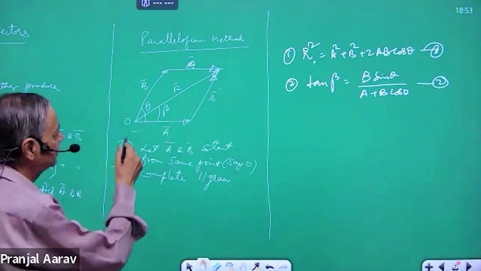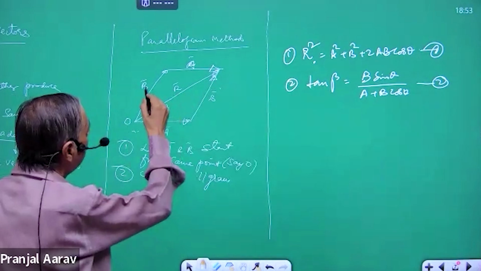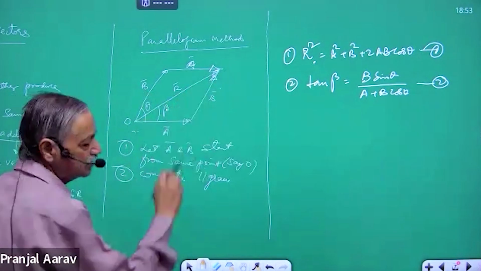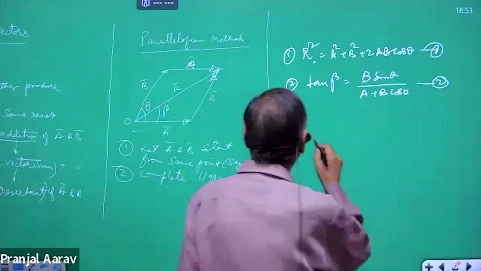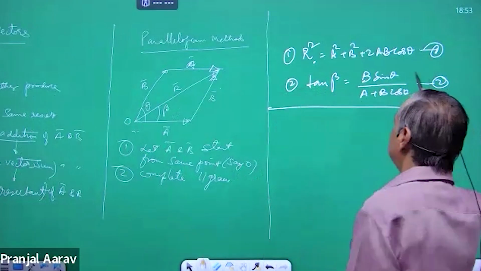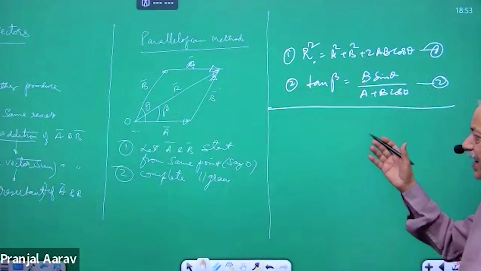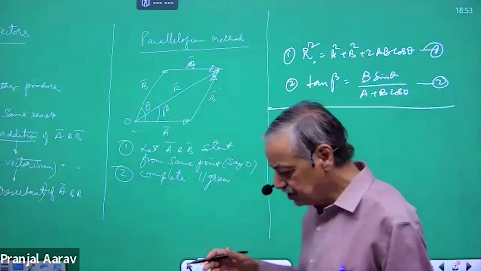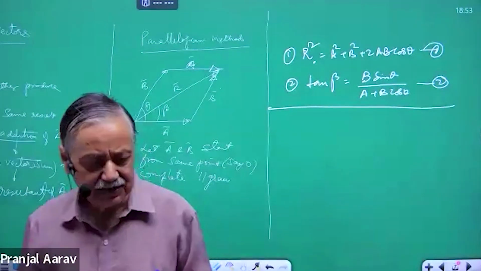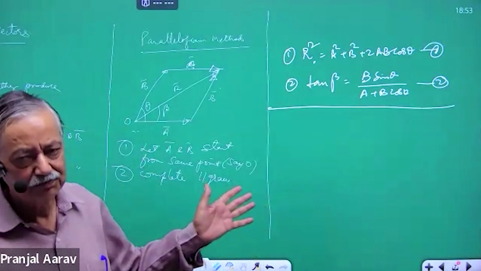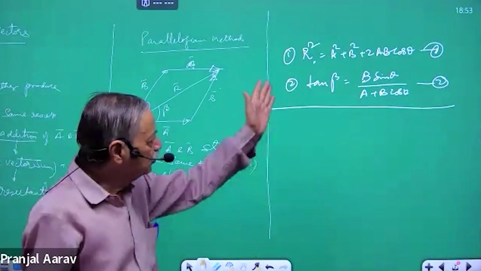And then next, R is diagonal of this. So diagonal is clear. These two you should memorize as a formula because almost 50% of the times in vectors you will be using this formula.